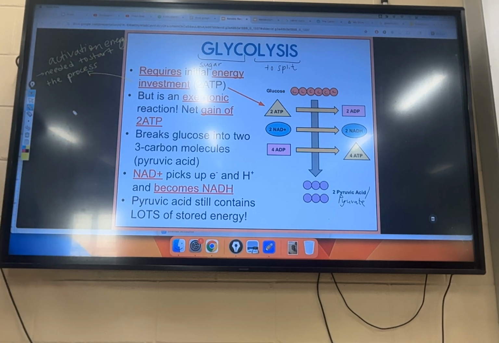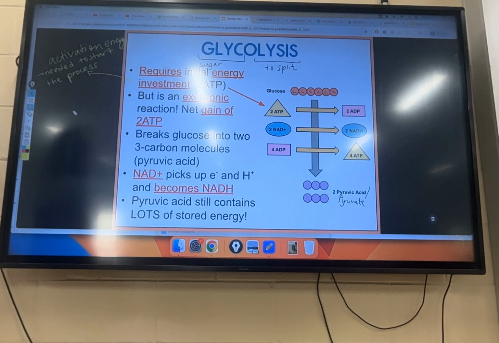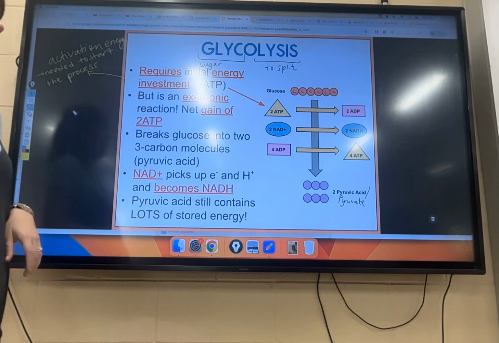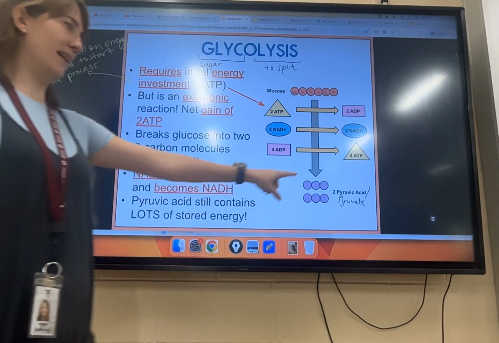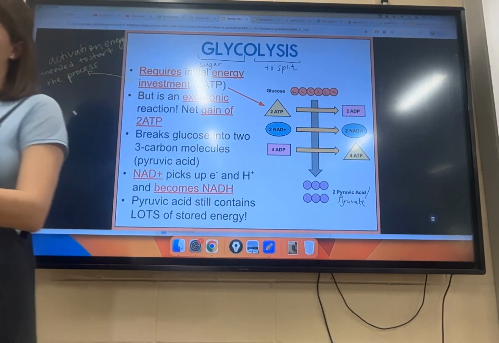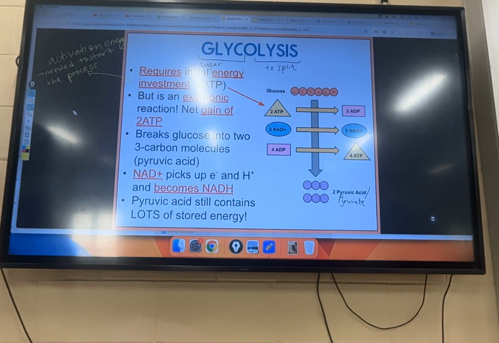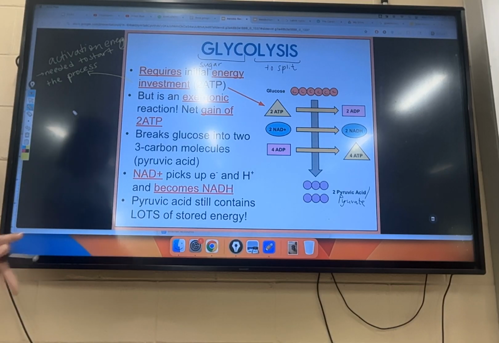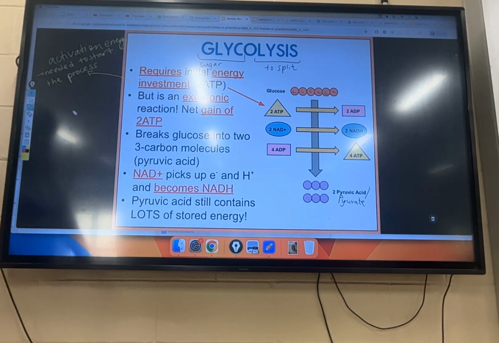So we're going to invest a little bit of ATP. We're going to invest 2 ATP to start this process to break my glucose molecule in half. But in return, I'm going to get 4. So I get a net profit of 2 ATP. I gain 2 ATP in this process. I spent 2 to get 4. So overall, I have a net gain of 4 ATP. Excuse me, of 2 ATP.